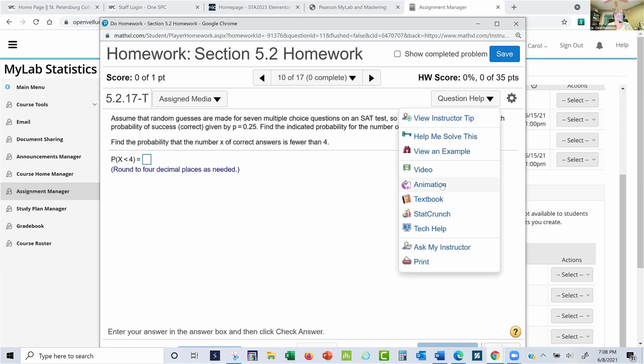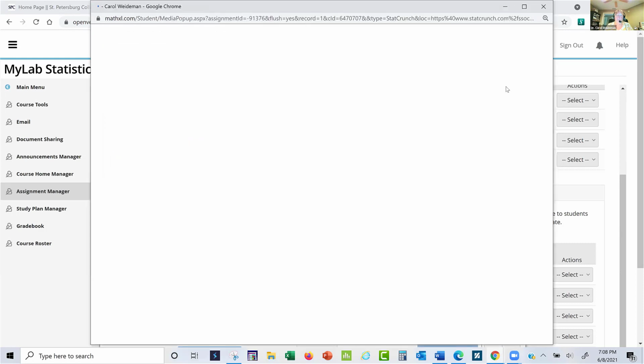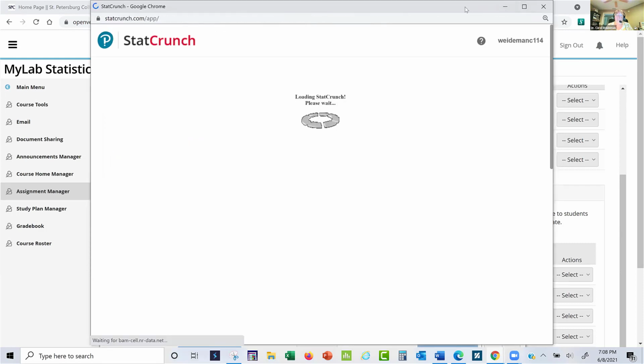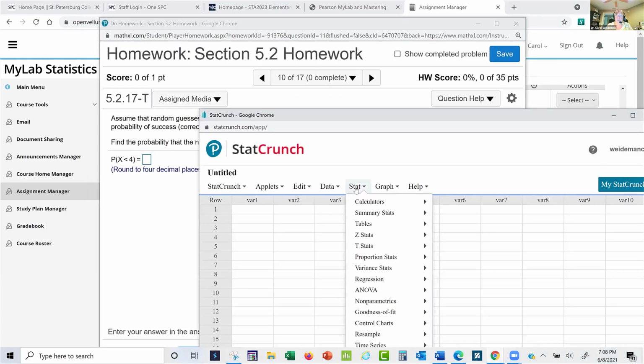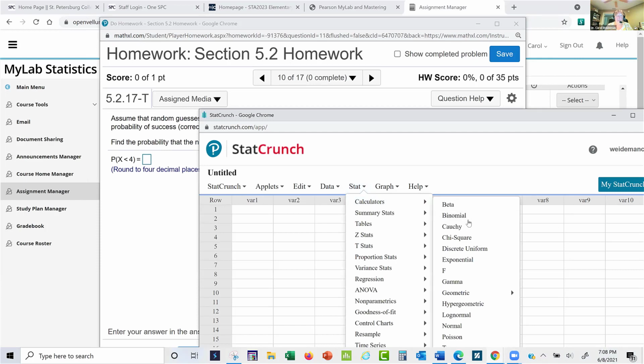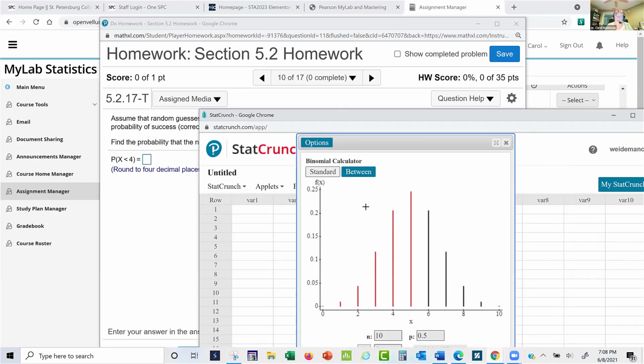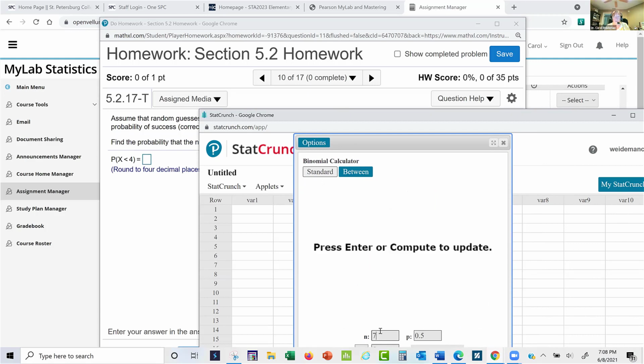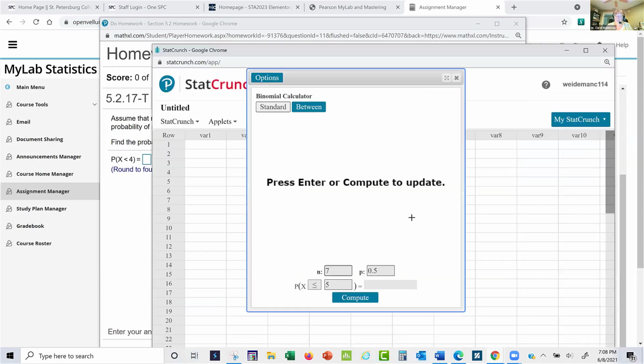So you're going to go to StatCrunch and use your tool, calculator, binomial. We have 7 trials, and we want to know less than 4, and it's 0.25.